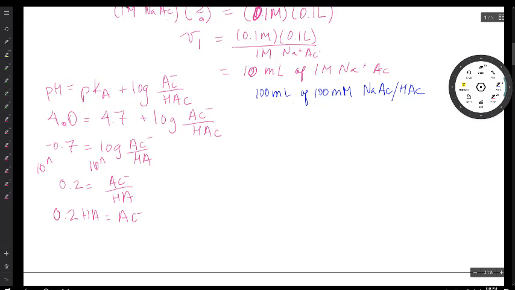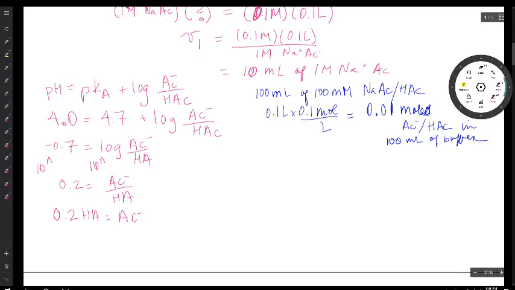And so that gives us 100 mils, so 0.1 liters times 0.1 moles per liter means that we have a total amount of 0.01 moles of acetate and acetic acid in our 100 mils of buffer.